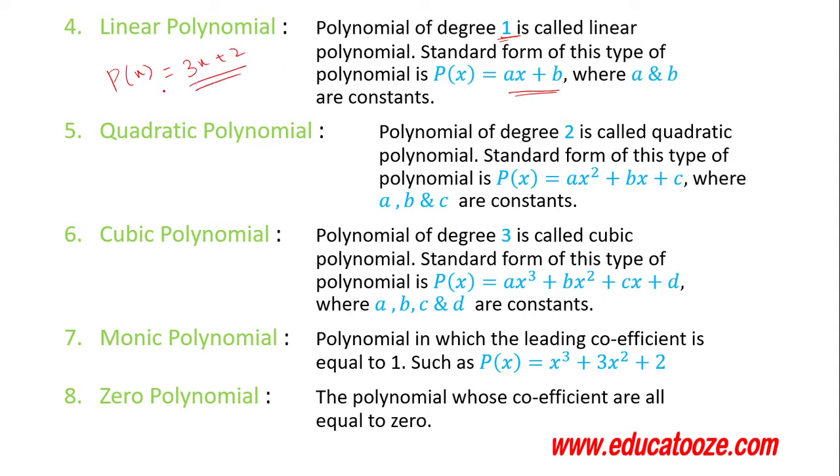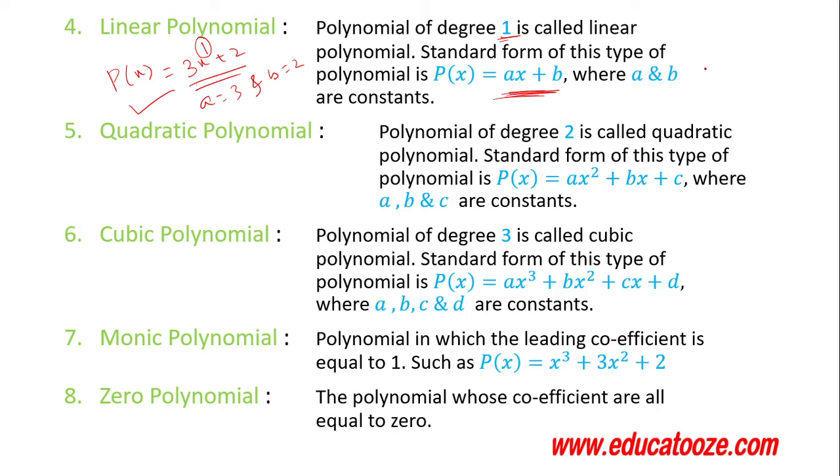This example is of this type. It can be expressed as ax plus b, where a is 3 and b equal to 2. If you consider the general form of this polynomial, a equal to 3, b equal to 2, and the degree of this polynomial is 1. That is why this type of polynomial is known as a linear polynomial.